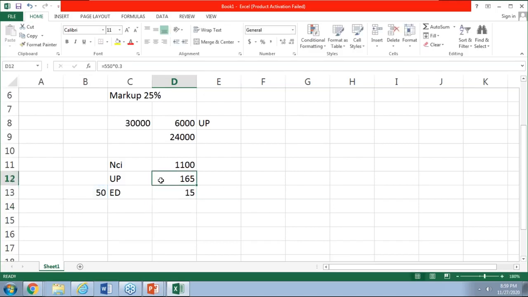So these two must be deducted values, so we take them in brackets with the negative sign.